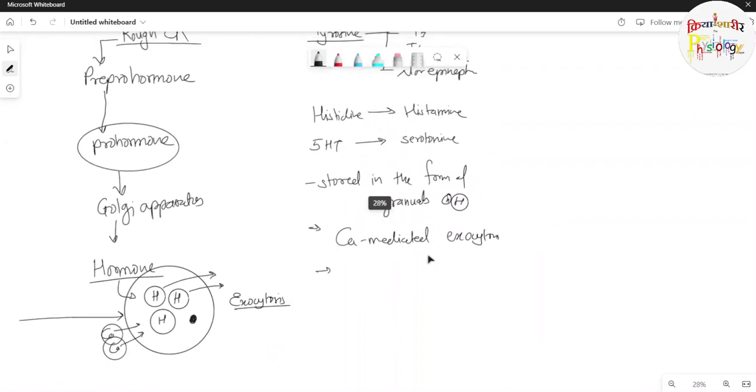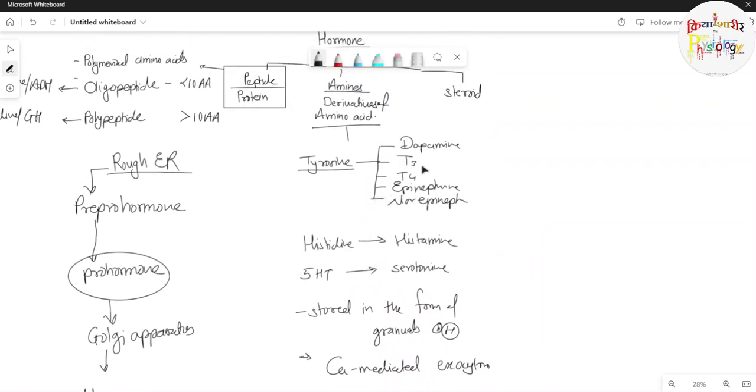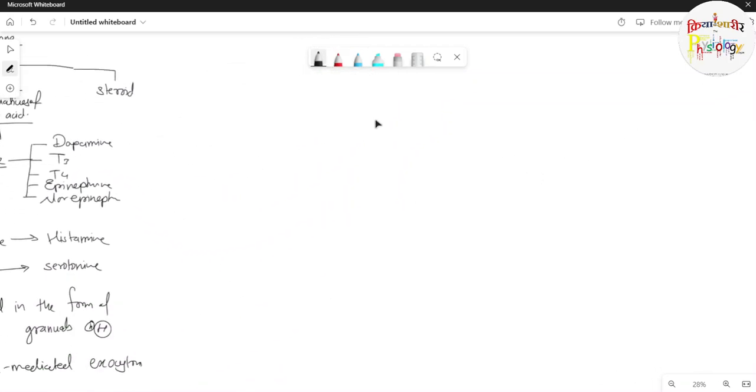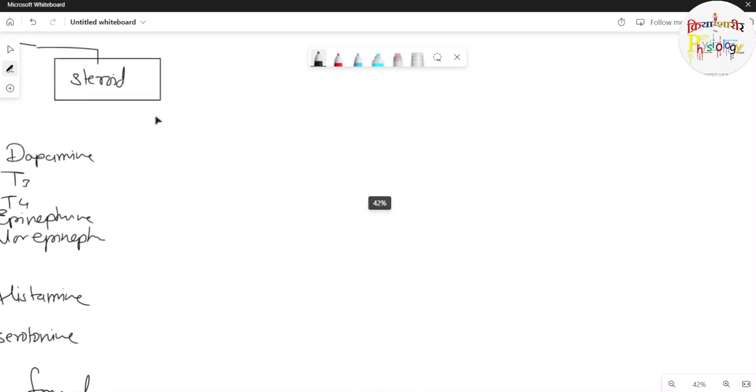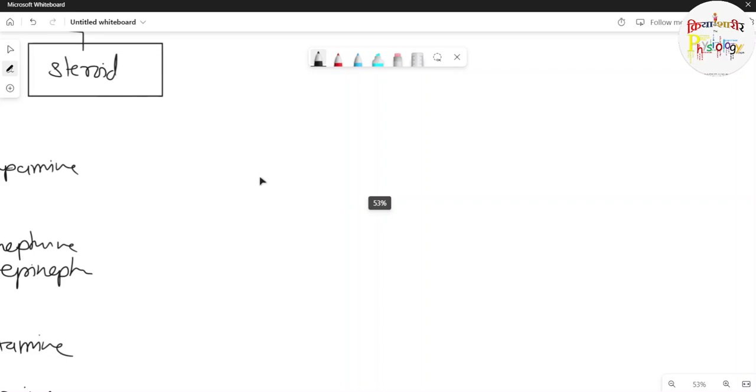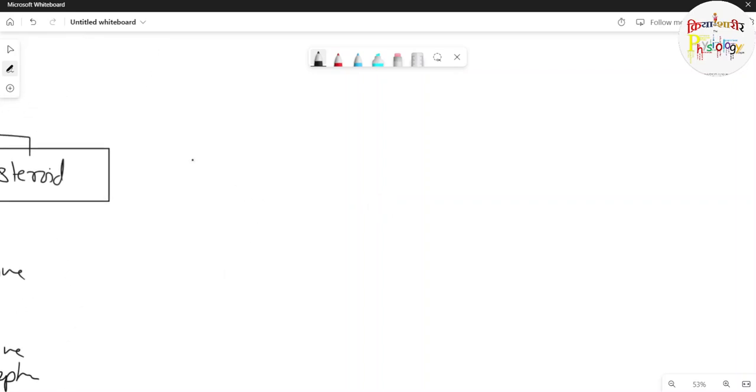Okay, we have seen the examples: dopamine, T3, T4, epinephrine, norepinephrine, histamine, serotonin. These are the examples of amines. Now, the third one is steroid. So, steroid hormones are those which are synthesized from cholesterol.